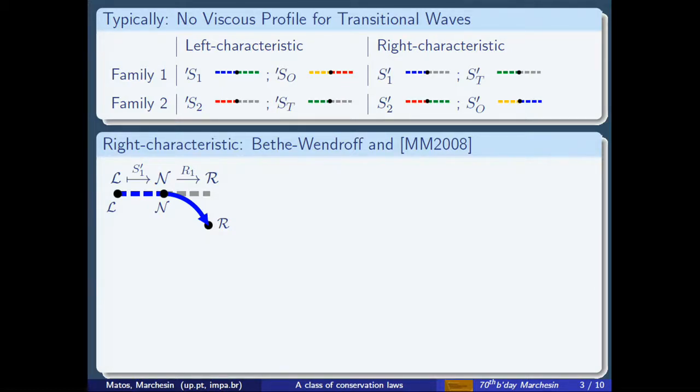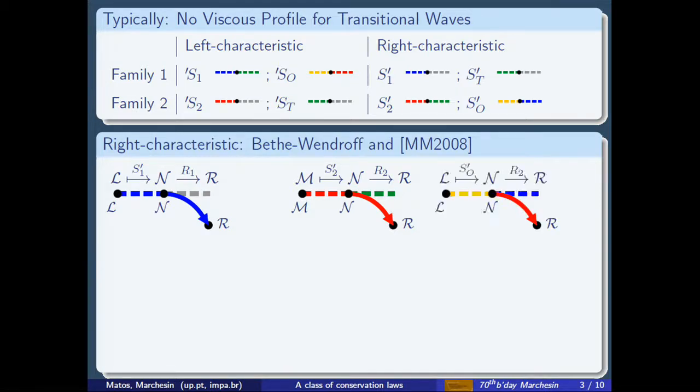It's a shock where the speed equals the characteristic speed at this point. Here we have a 1-shock curve, and then we can go on with a rarefaction. It's a classical result. With the 2-shock, it occurs exactly the same, and this is quite standard.